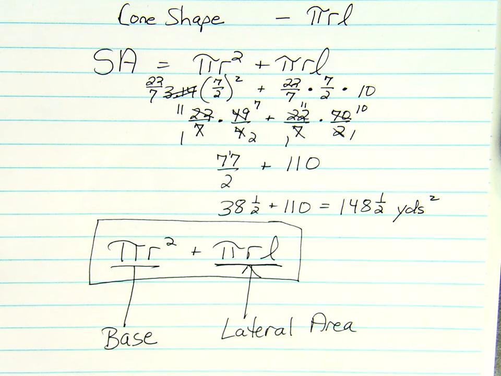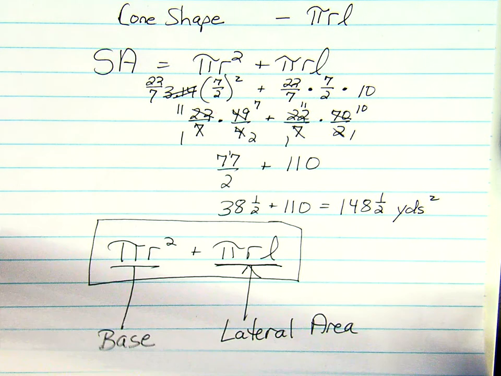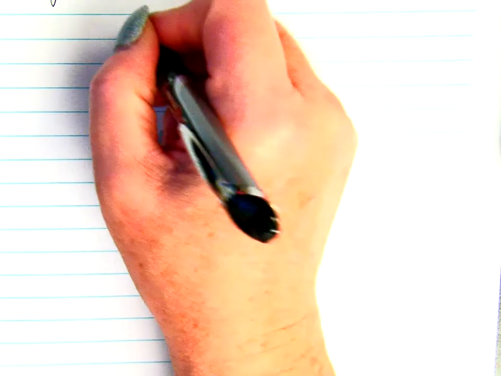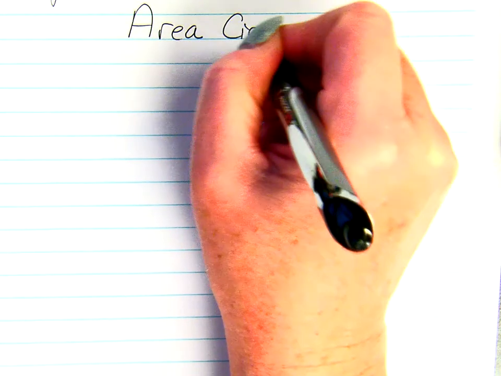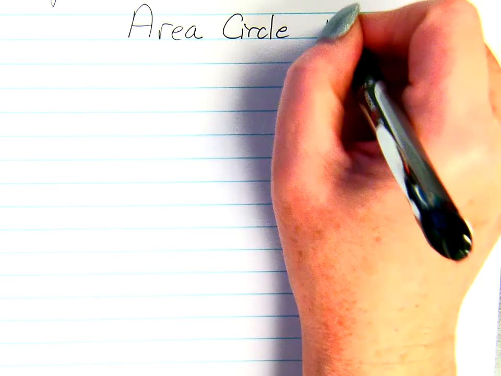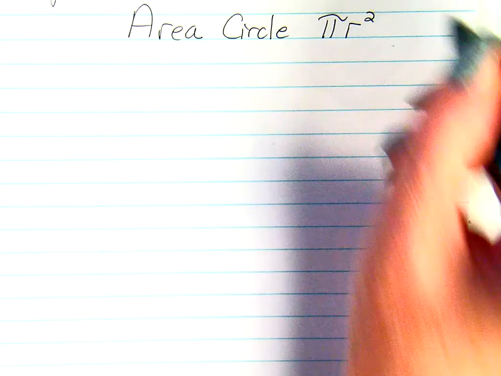So I do want to just tell you very quickly before we leave this and move on about spheres. With our spheres, we know that the area of a circle is pi times the radius squared.